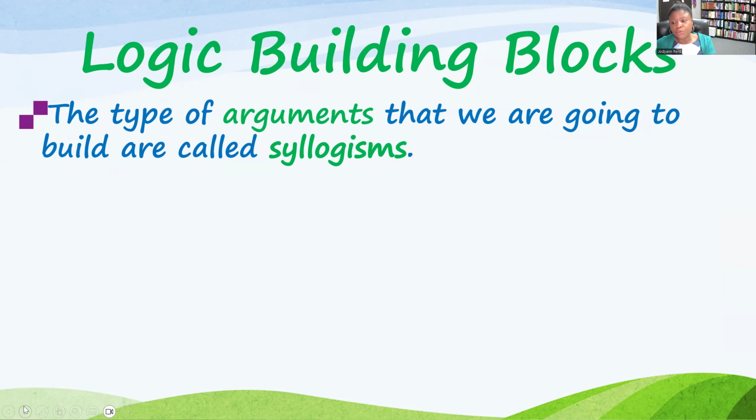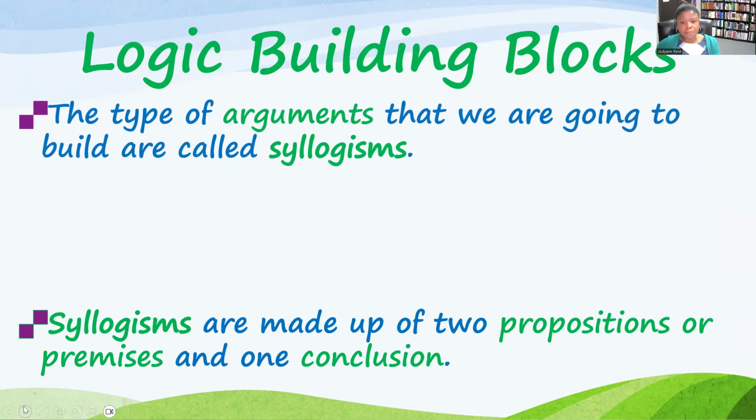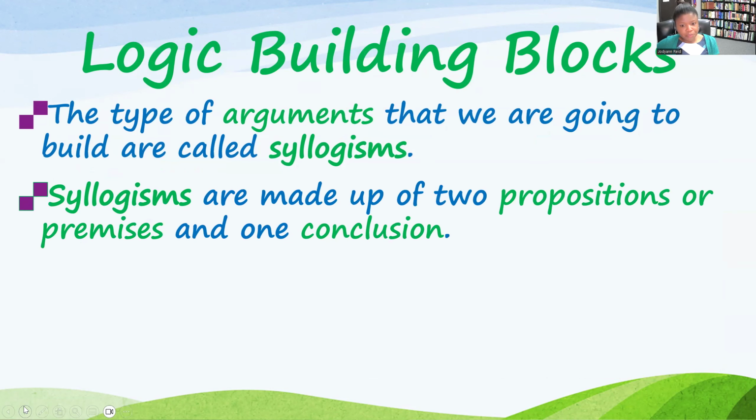We are going to learn more about categorical propositions by examining a type of argument. So the type of argument that we're going to learn to build for the next few weeks are called syllogisms. So syllogisms are made up of two premises and one conclusion.